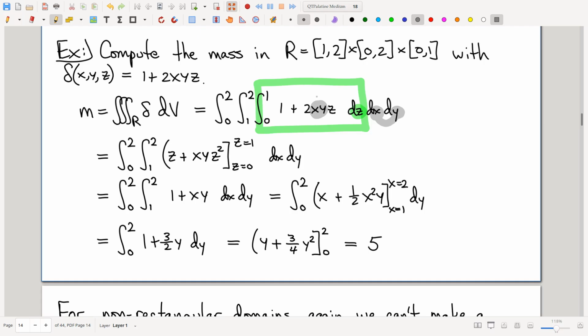And constants just kind of come along for the ride, and of course 2z, its antiderivative with respect to z is z squared, and again the constant comes along for the ride. Cool? It's just like with double integrals. Everybody happy?